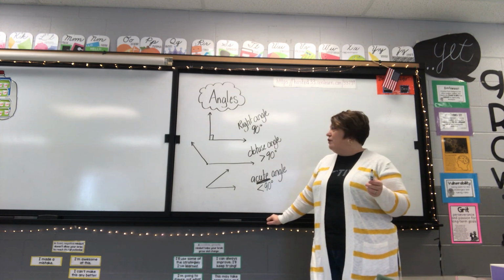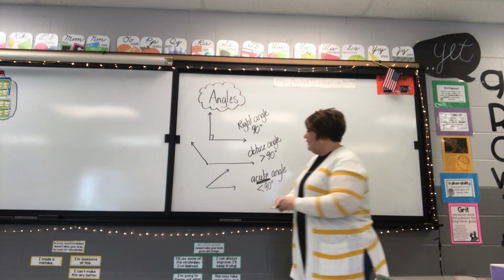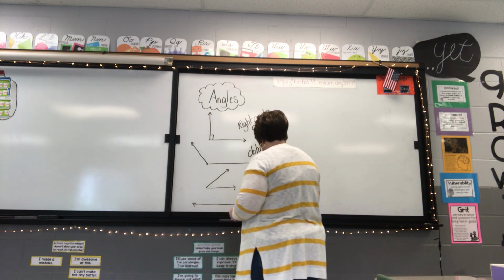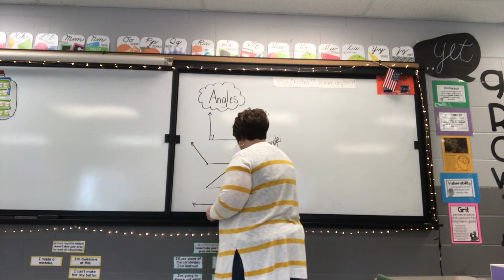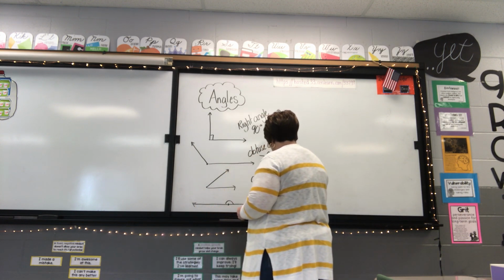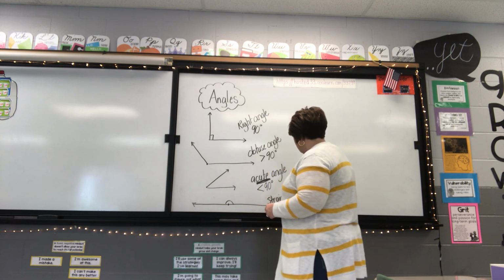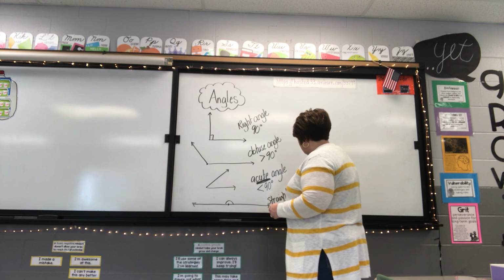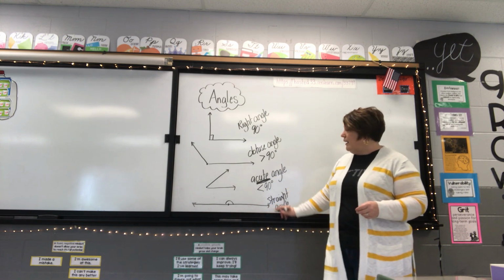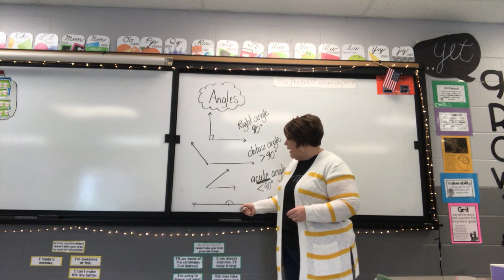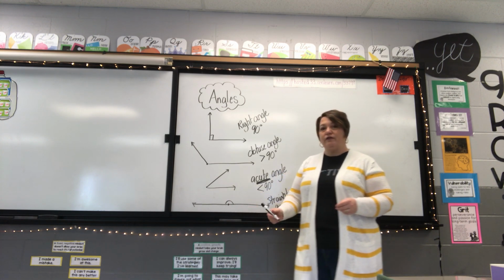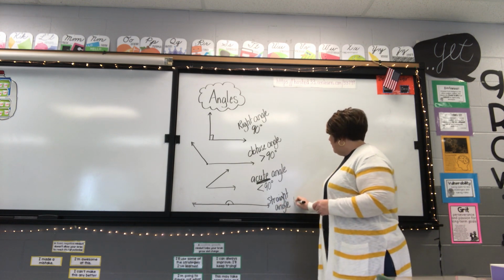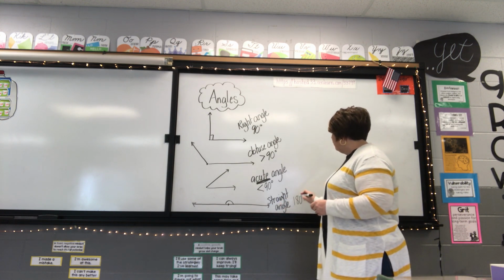The fourth angle that I want to talk about is a straight angle. A straight angle, again, is made up of two rays that meet at a vertex, like the other angles, and it measures 180 degrees.